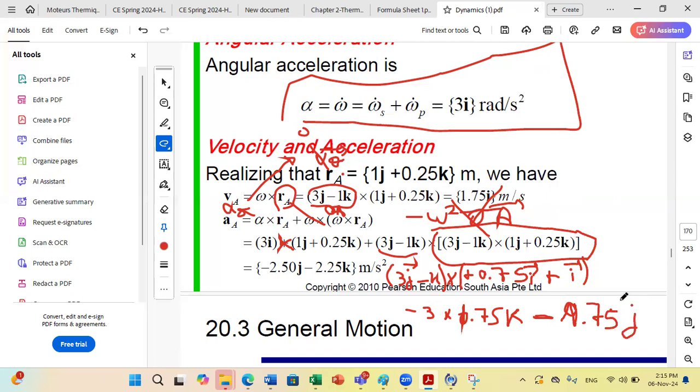Okay, and once you obtain this, you will add it with 3i vectorial j plus 0.25k. You will obtain your total vector. Okay.